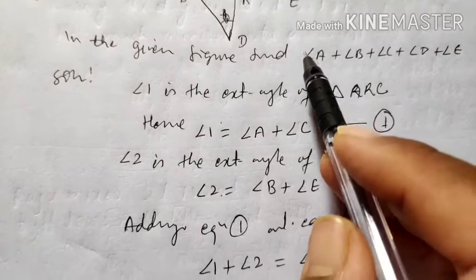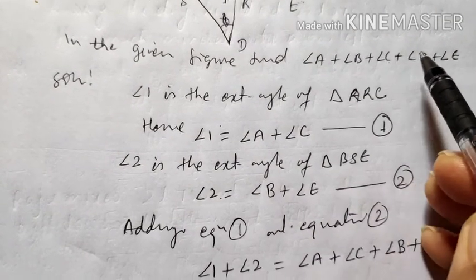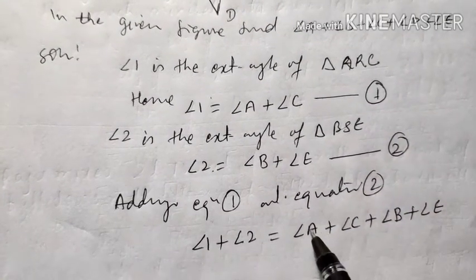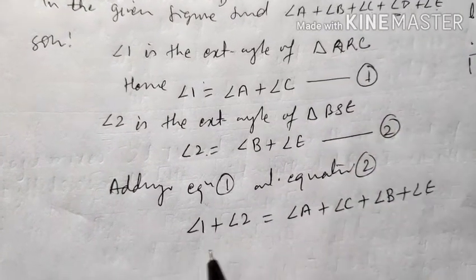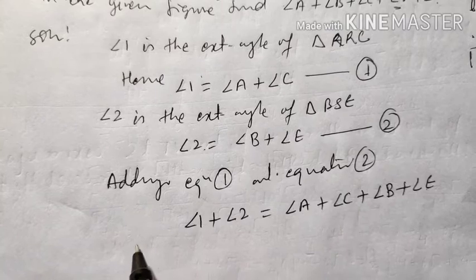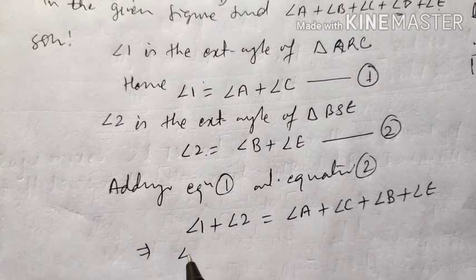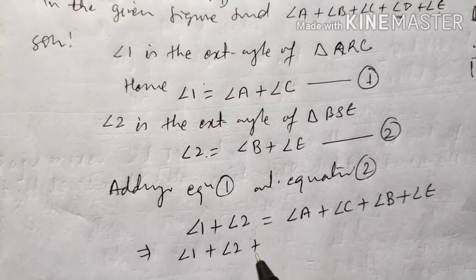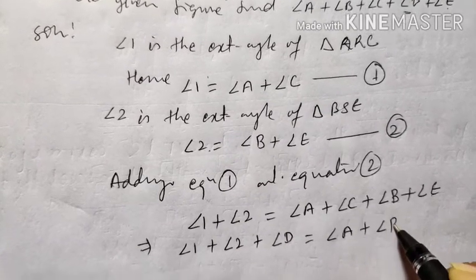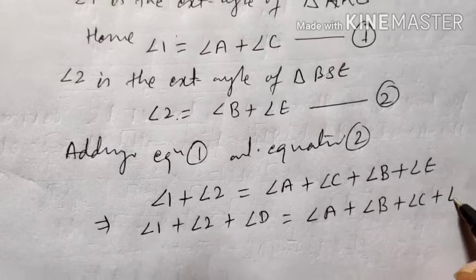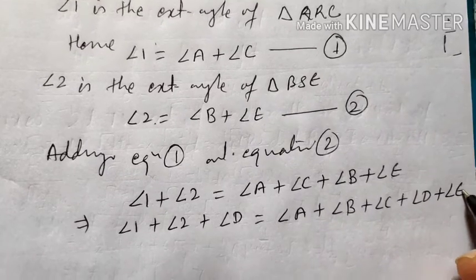We have to find angle A plus B plus C plus D plus E, and here A, B, C and E are present and D is not. So add angle D to both sides: angle 1 plus angle 2 plus angle D equals angle A plus angle B plus angle C plus angle D plus angle E.